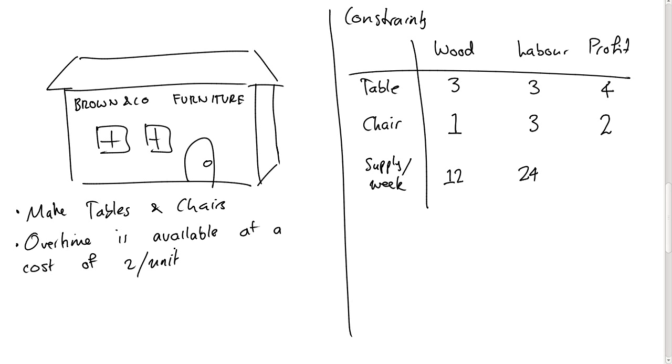Okay, so it costs us 2 units of money for every unit of labour overtime. Okay, so let x1 equal number of tables we build in a week, let x2 equal number of chairs, and let x3 equal number of units of overtime.